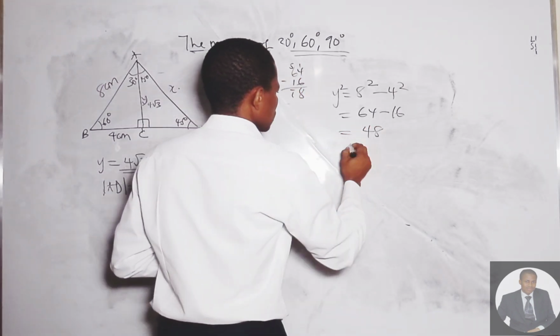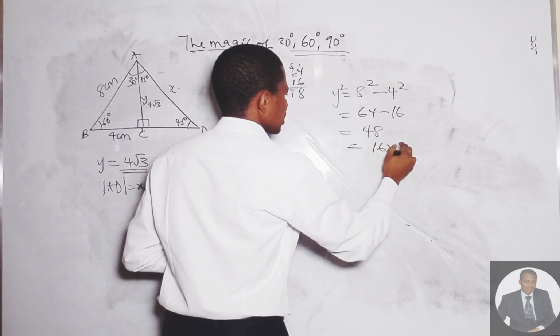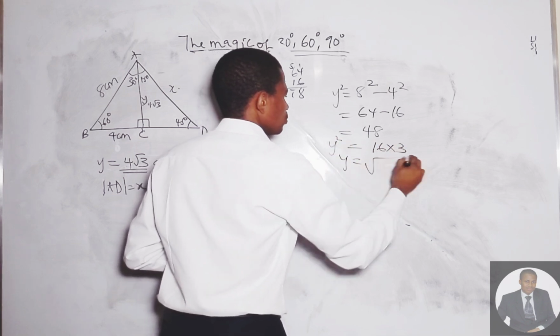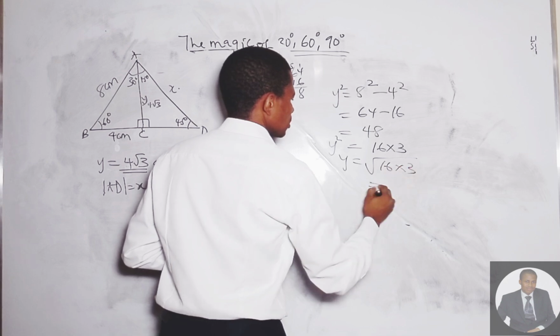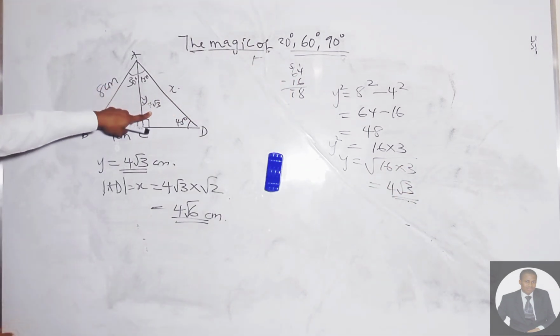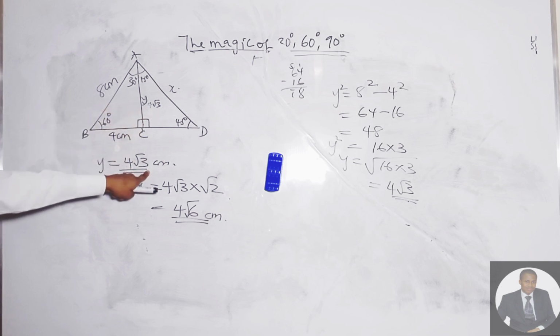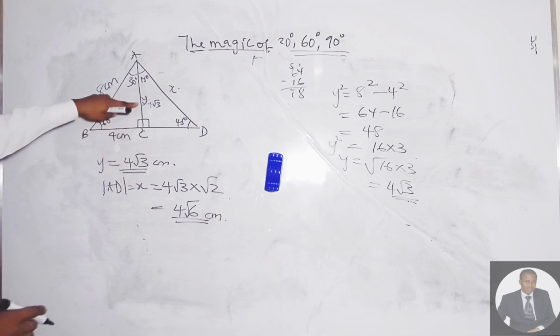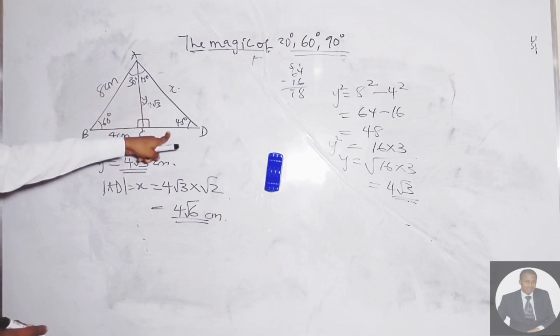What is 48? 48 is 16 times 3. So y squared is 48, and y will be the square root of 16 times 3. That's 4 root 3. So here we are, y is 4 root 3.